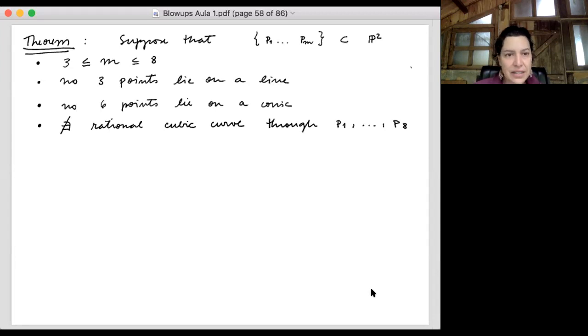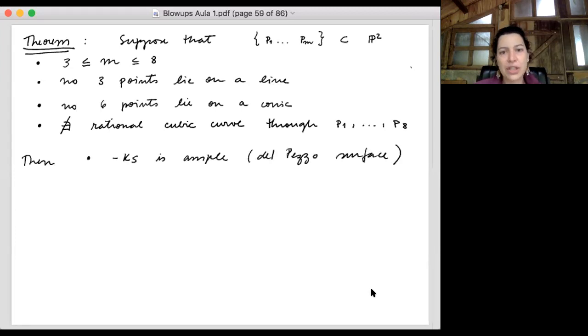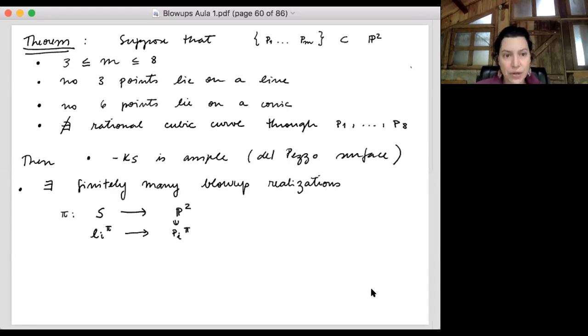So if I have this configuration, then the conclusion is that, first of all, the anticanonical class is ample. So this is what we call a del Pezzo surface. Moreover, there are finitely many ways of realizing this surface S as a blow up of P2 at the points.